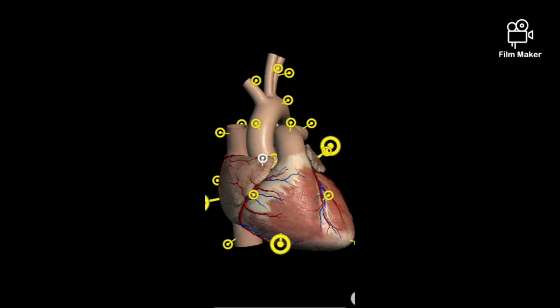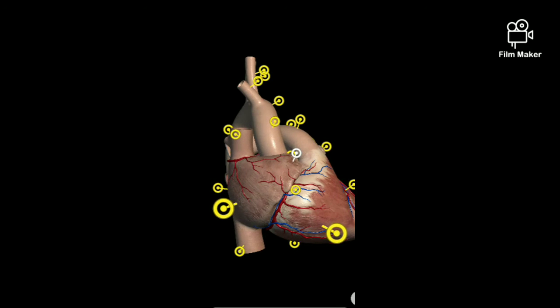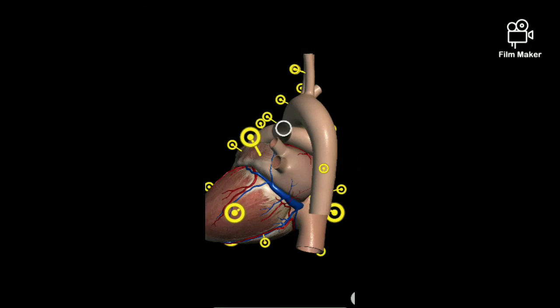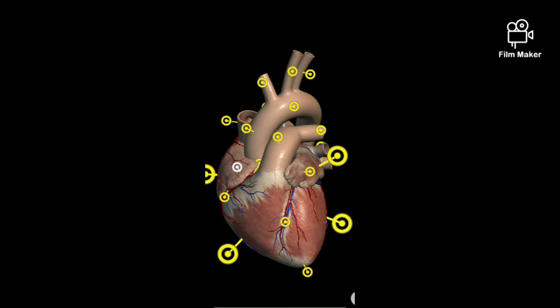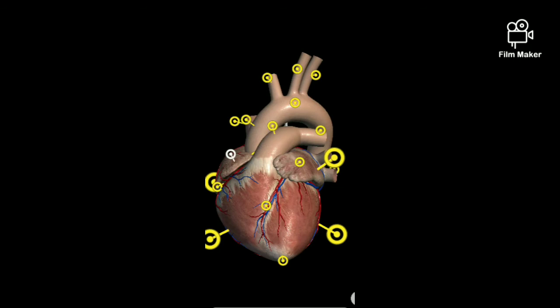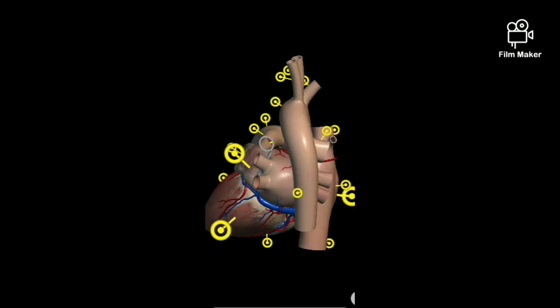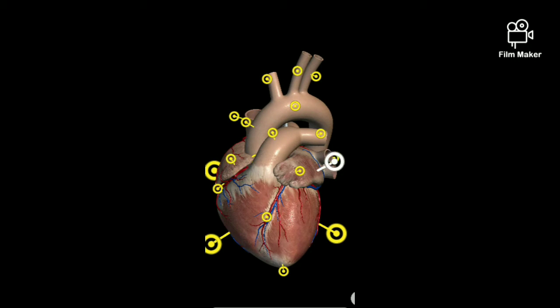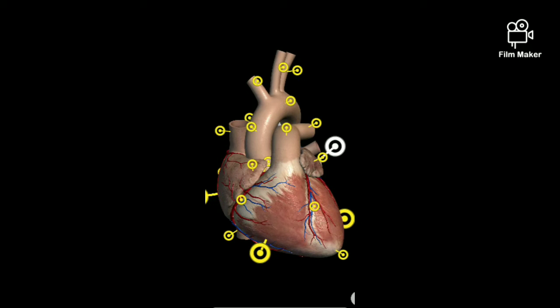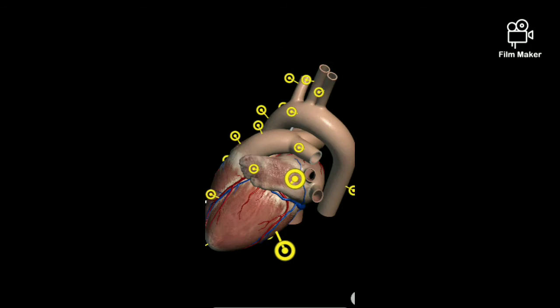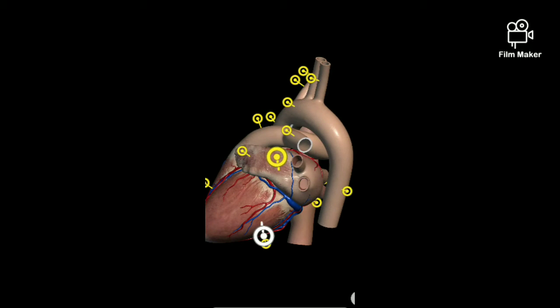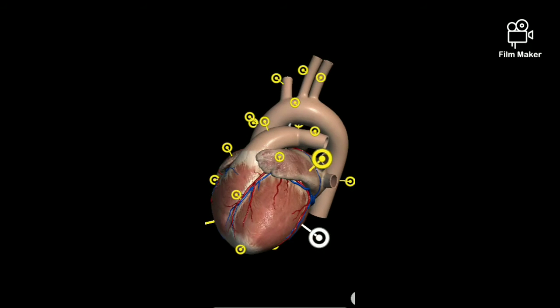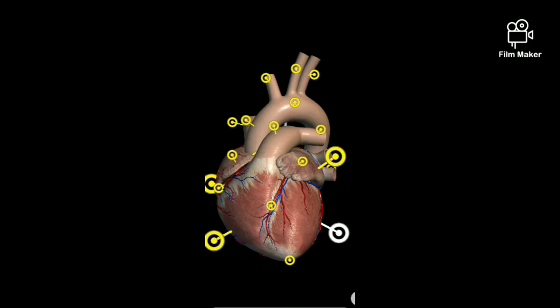Next, come on to the topic, the chambers of the heart. There are two atria and two ventricles, okay. Two atria, the right and left atrium, which you can see: this is the right atrium, and this is the left atrium. This is the right ventricle and that is the left ventricle, okay. The returning blood of the heart enters the right atrium.